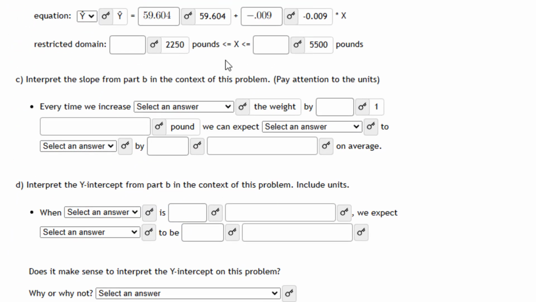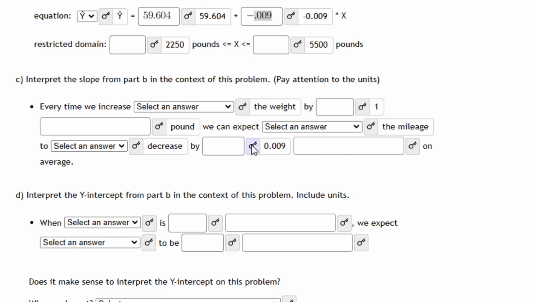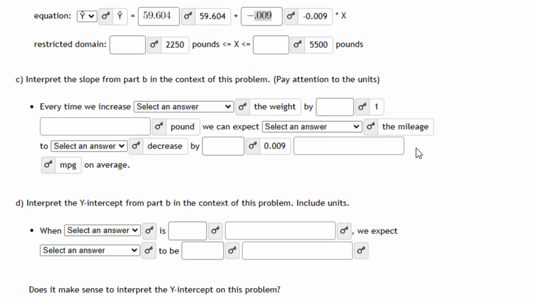So we go up by 1 unit. We can expect the y, right? So the mileage, now because this is negative, it's going to decrease by this much, right? So that's why it's just 0.009. And what are its units of measure? Miles per gallon.